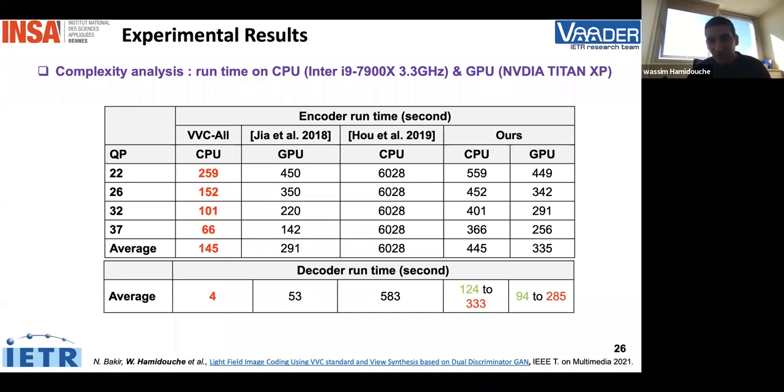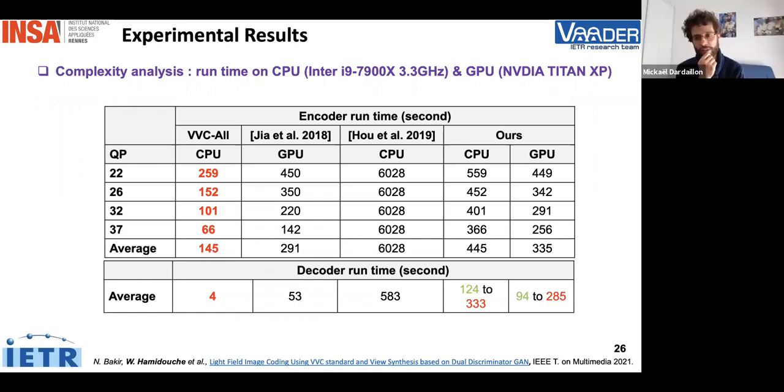So this rate distortion optimization block is very important because it will always select the solution that performs best, whatever we have as a solution for quality enhancement or VVC encoding. I don't know if I answered your question.